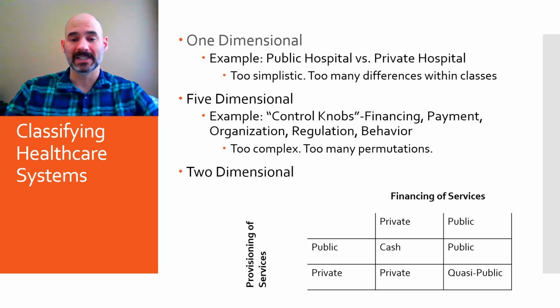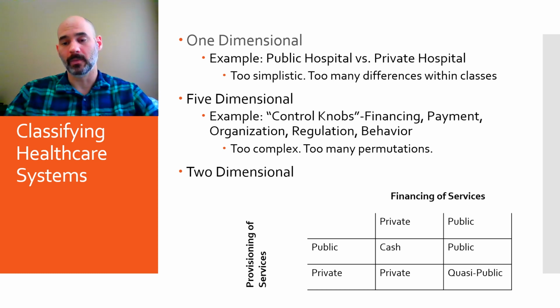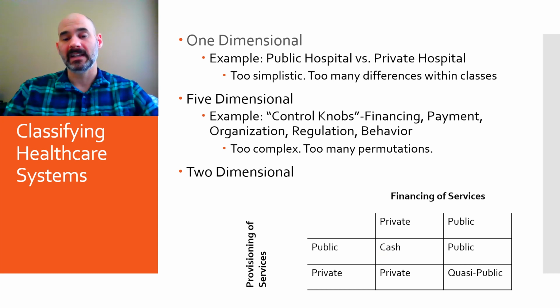And this creates this 2x2 matrix where we can classify healthcare systems as either being a cash healthcare system if there's a public provisioning of services and private financing of services, private if there's private provisioning of services and private financing of services. Then obviously you can see the other two options as well.